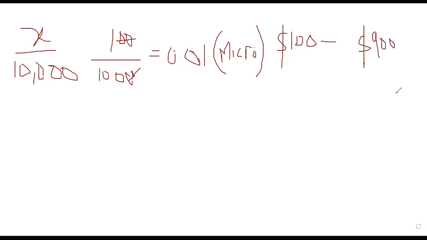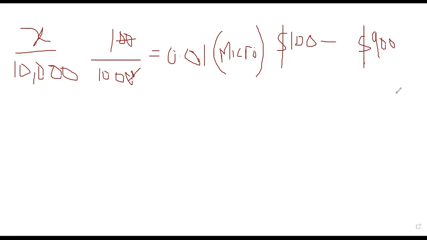So meaning, even if you still have $900, that $900 is a micro lot size.